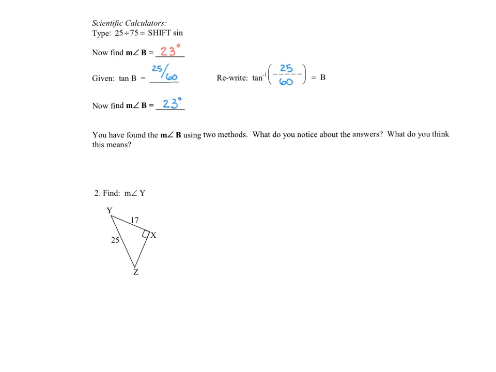So what do you notice, and what do you think that means? Well, I'm sure you've noticed that the answers are the same. No matter whether I used the sine of angle B in its related relationship or the tangent of angle B and its related relationship, I got 23 degrees for the measure of angle B either way.